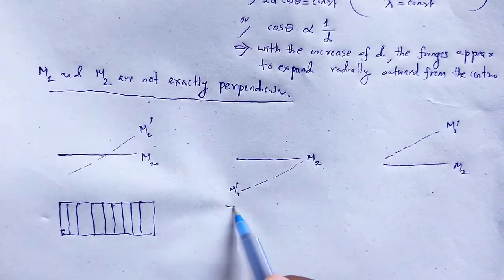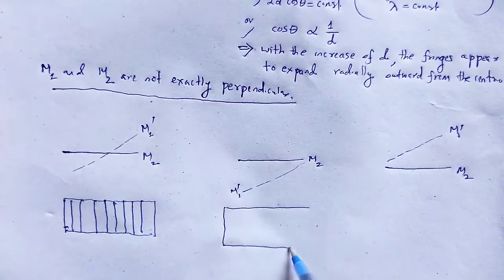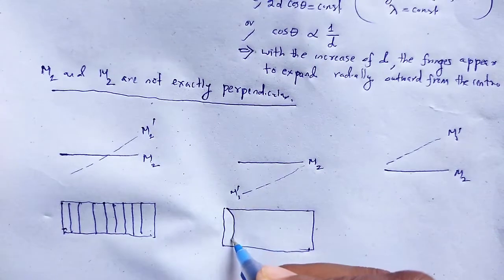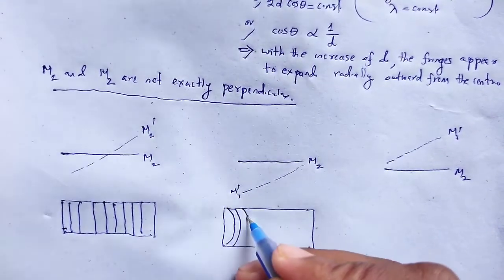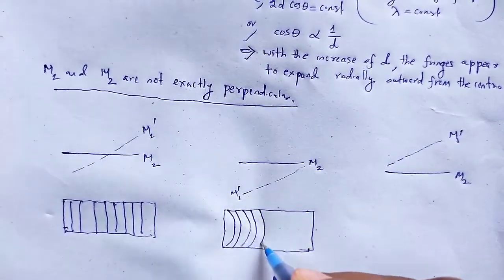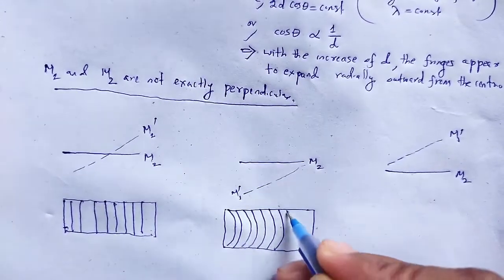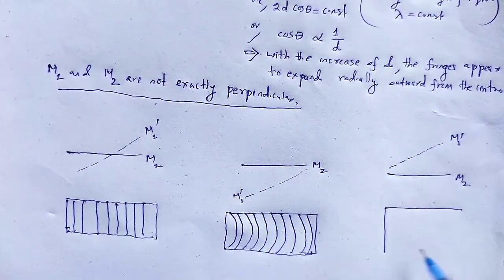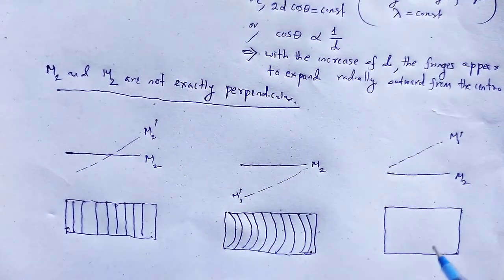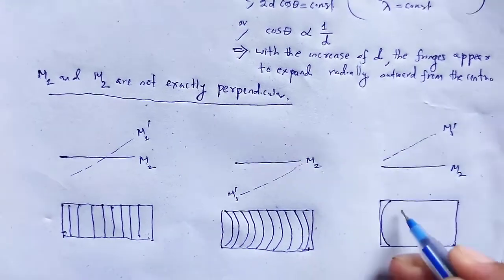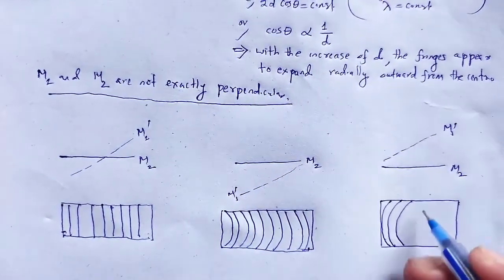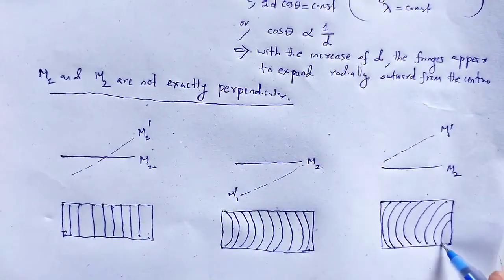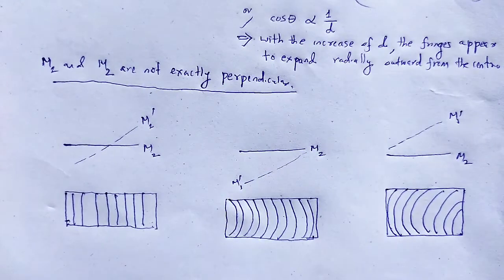At that case, we obtain the interference pattern here. We obtain the interference pattern like this.